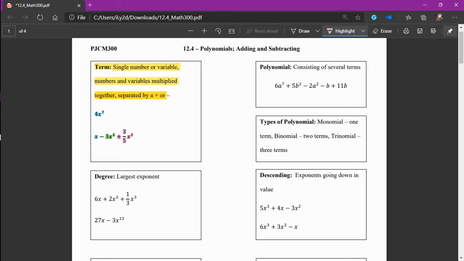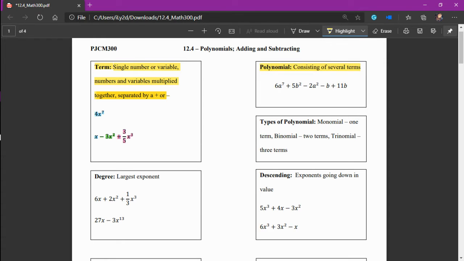Those would be 3 different terms. Keep in mind that I stated if it was positive or negative. My 3x squared is negative. That let me know it was going to be a new term, but that negative does go with that term as well.